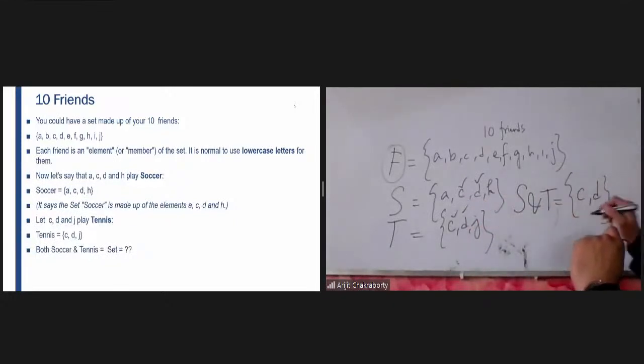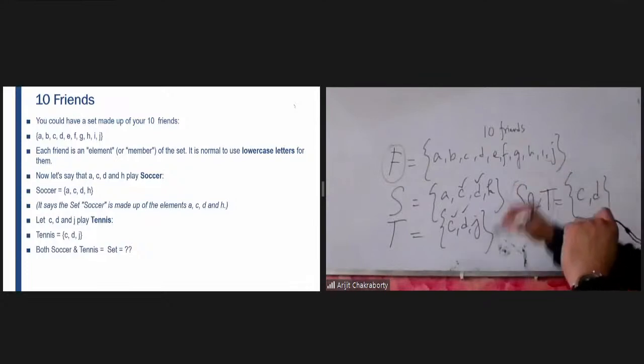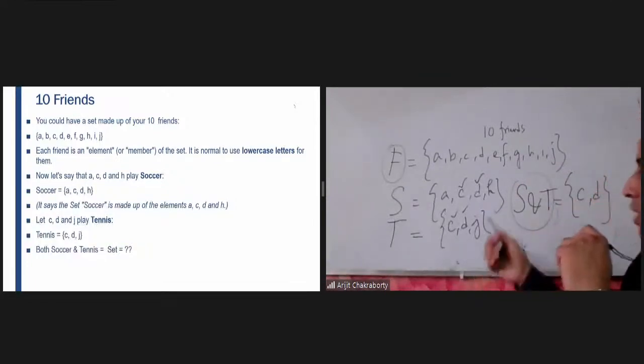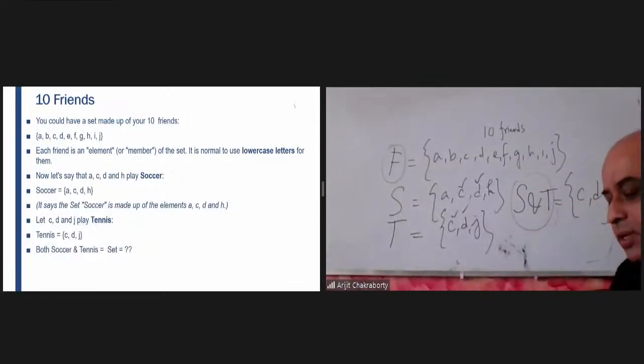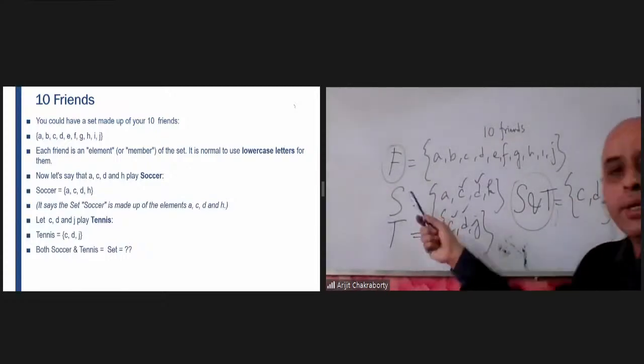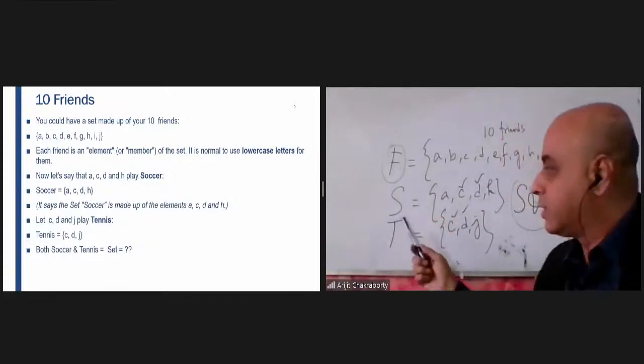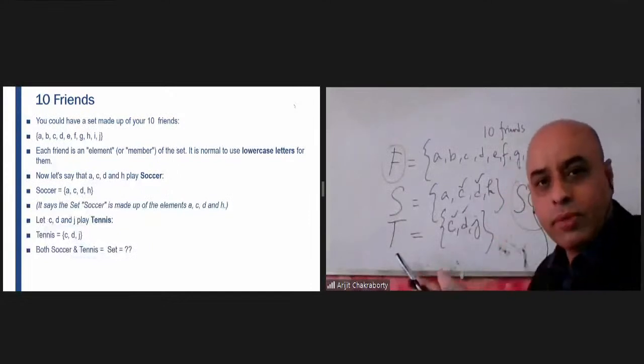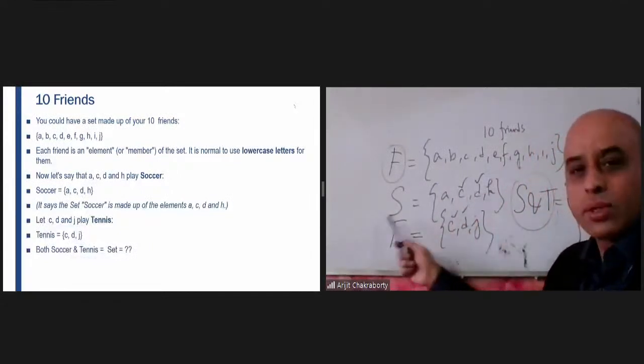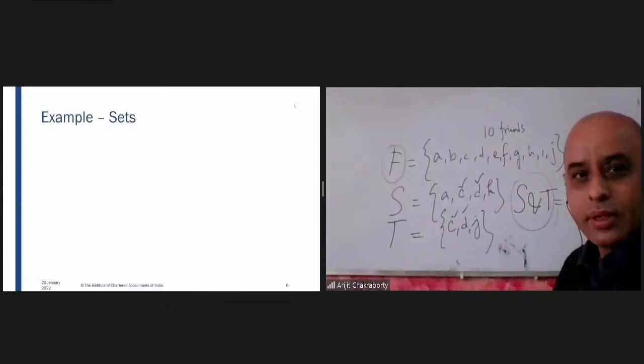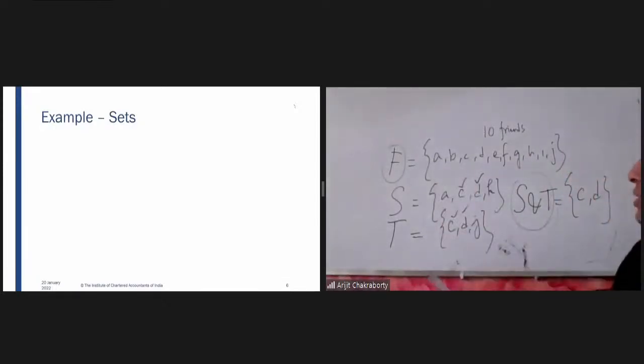This is called the intersection of the sets, because you find the common elements which are there in both set S and set T. We have only 2 members who are playing soccer as well as tennis. So this is how we create sets and write them.